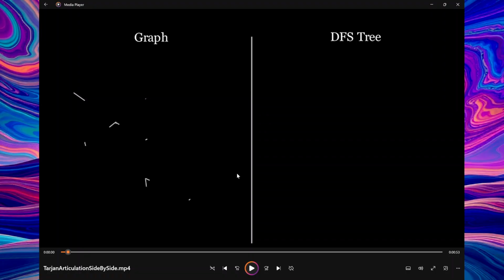An articulation point is a point where if I remove it from the graph, it splits into two disconnected components. As you can see, if I were to remove this guy, we have two disjoint graphs. If I were to instead have removed this guy, or perhaps this guy, in either case, we still are left with one graph. There's no two disconnected graphs, right?